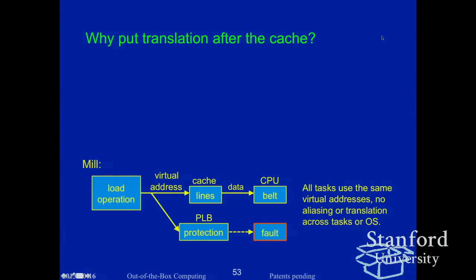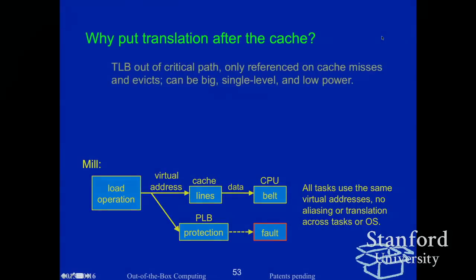Why put translation after the cache? Well, the TLB is out of the critical path. In particular, you're only going to go to the TLB if you miss in cache, which means that 95% of all the loads and stores are never going to go to the TLB.